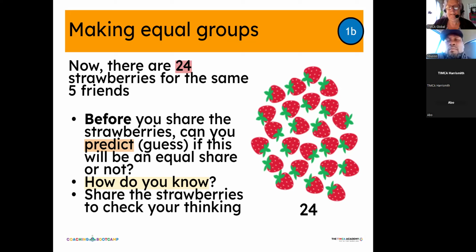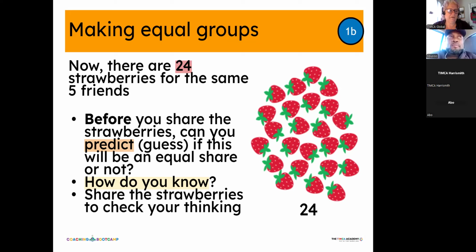Now obviously they'd need lots of exercise and lots of practice with this, and lots of different kinds of contexts, different kinds of examples, different numbers of things, etc. They wouldn't just do one exercise or one activity, but we are moving through this quite quickly.